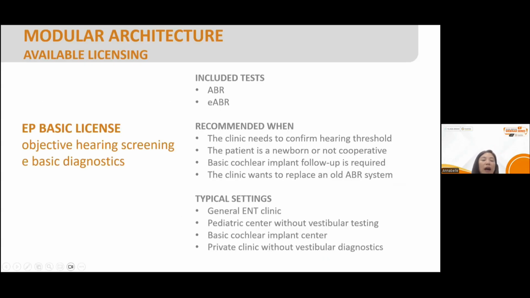Okay, so for the AEP, the EP basic license, I don't know if in your setup, like in a hospital or maybe a newborn hearing center, the nursery, will you include the AABR, the automatic ABR for the hearing screening for newborn babies?